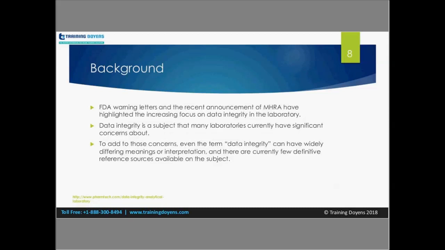FDA warning letters and some changes in the MHRA regulations have highlighted how data integrity has become a very important topic both in the laboratory and in the operations area. A lot of times firms get concerned when these regulators are doing a data integrity focused audit.